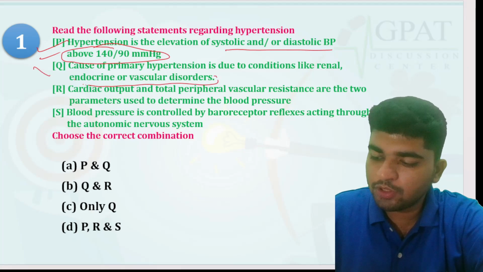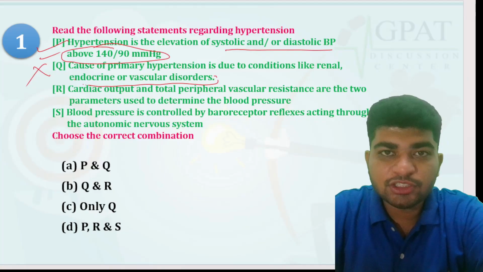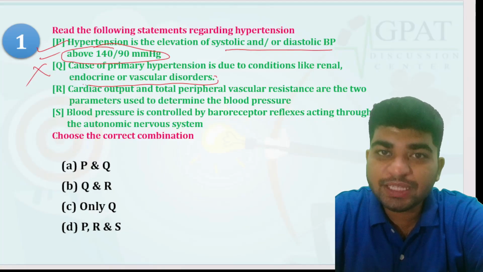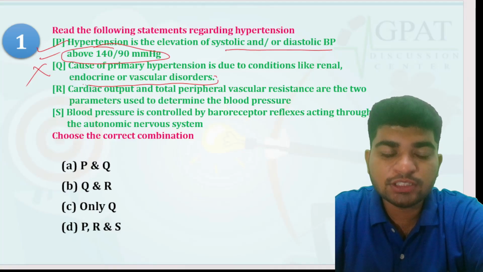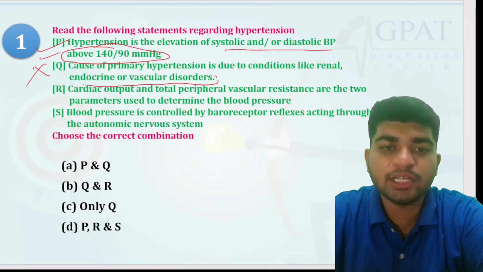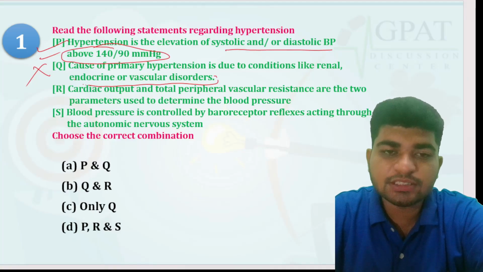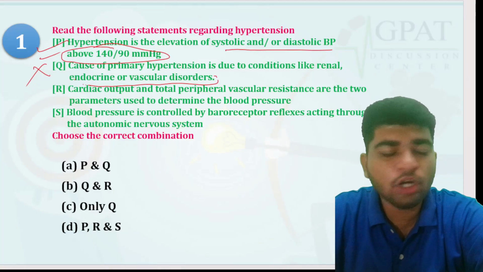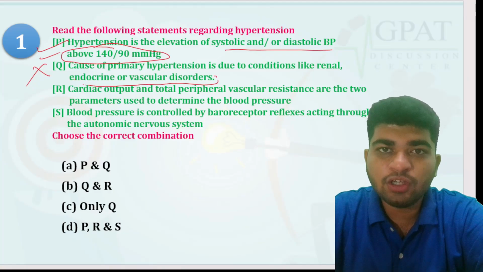No, this one is wrong, because in primary hypertension the cause is never known. It is idiopathic in nature. You never know the reason behind primary hypertension. Renal, endocrine, or vascular disorders are causes of secondary hypertension, not primary. So Q is not a correct option.